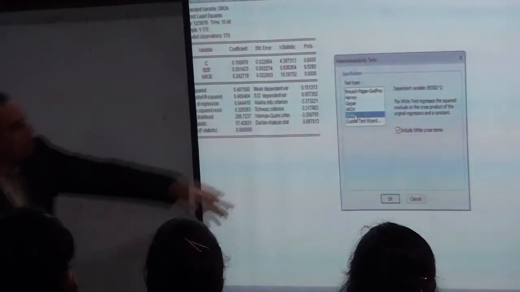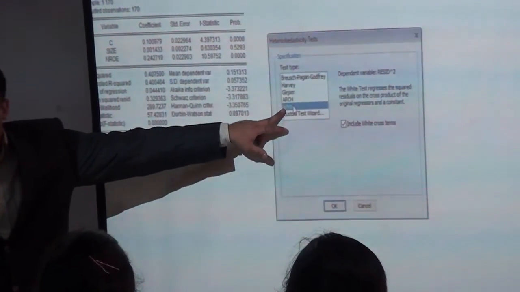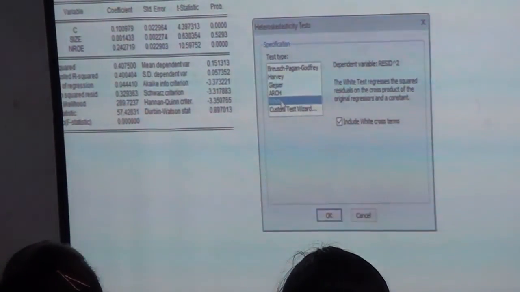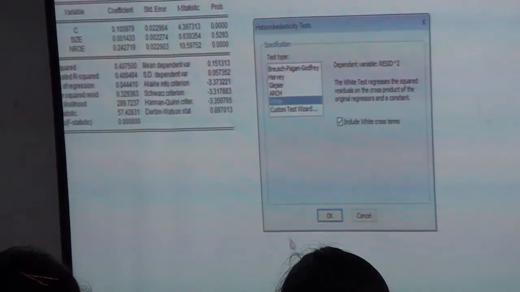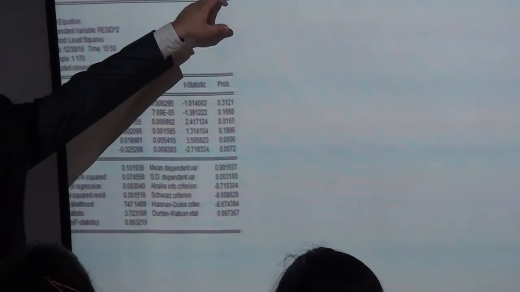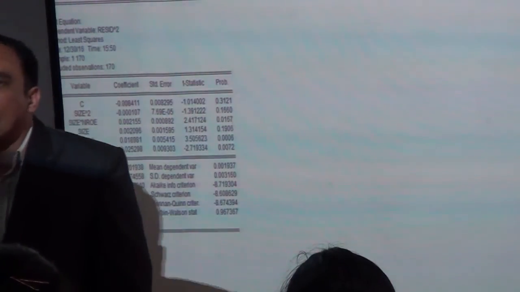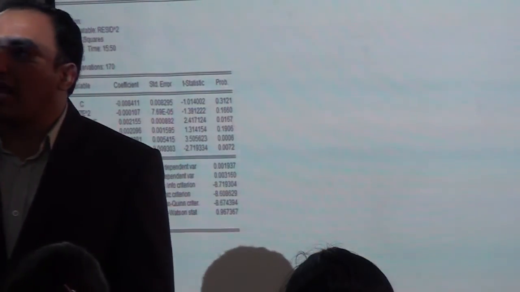Do OK. So the null hypothesis has been rejected. It means there is some problem of heteroscedasticity, and hence whenever you are running the data, rather than taking normal error, you should take heteroscedasticity corrected error.